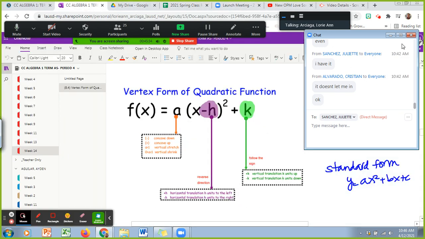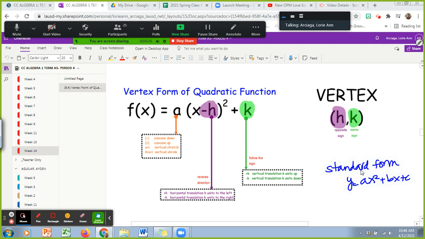Moving on. I want to make sure you copy this formula right here, and I'm going to explain it in a more friendly way. The only important thing we have to know from this formula is how to find the vertex. I already highlighted them explicitly for you. You only need to know how to get the values.